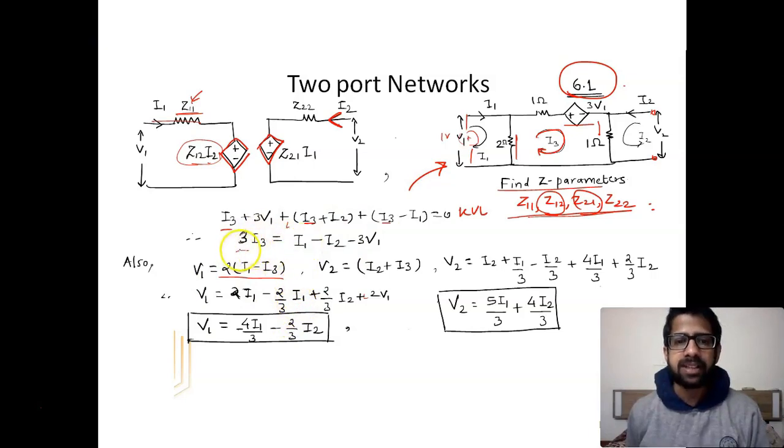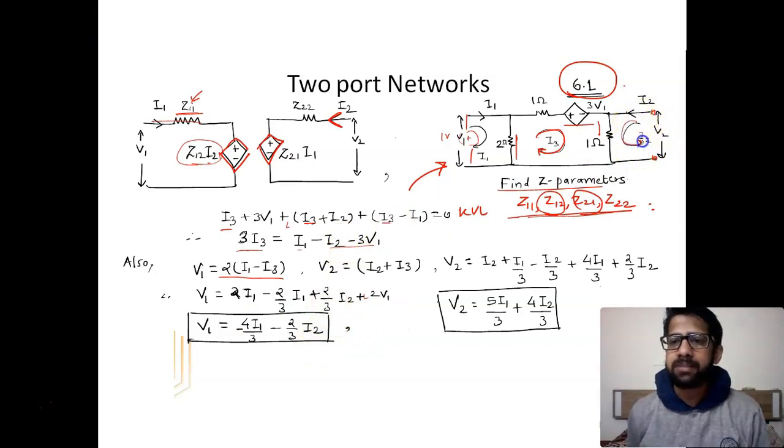So 3I3 is this. So I3 will be this divided by 3. So minus 2 by 3 I1 plus 2 by 3 I2 plus 2V1. Alright. Solving this further, I get V1 is equal to minus 4 by 3 I1 minus 2 by 3 I2.